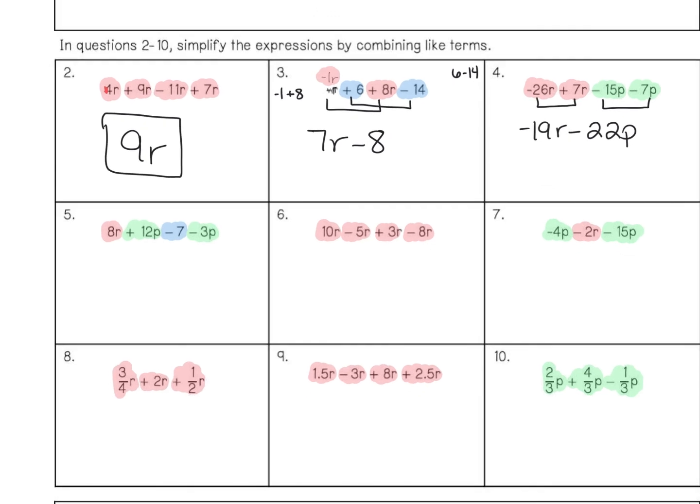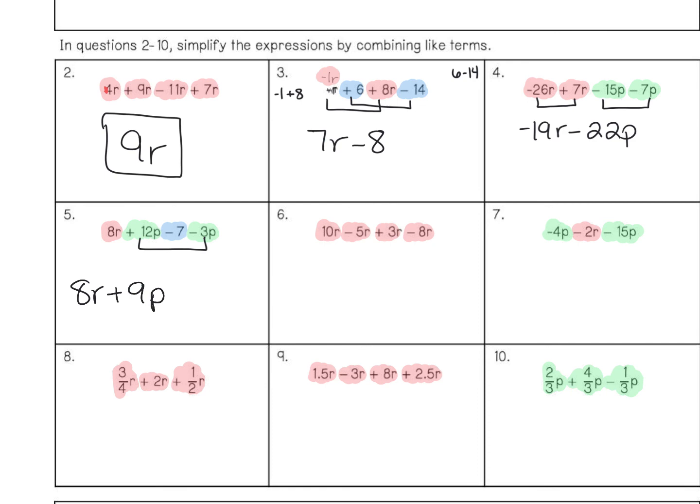All right, number 5. Oh, I only have 1 red. What does that mean? You just bring it down. You don't do anything with it. You just keep it. Do you see how I have 8R? I don't have any more red highlights, so I just write that one down. So then I do 12 minus 3.